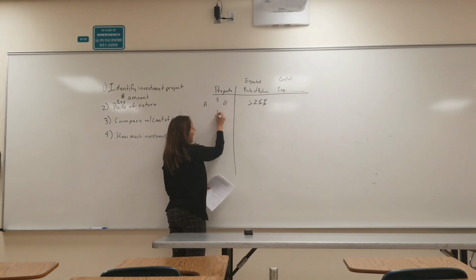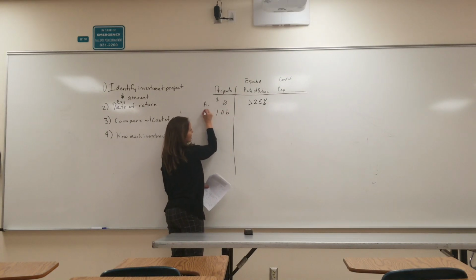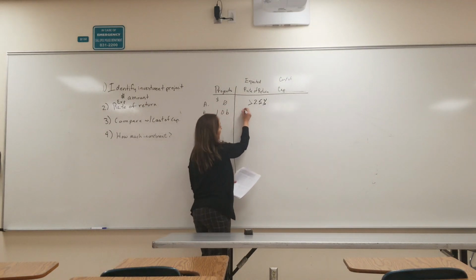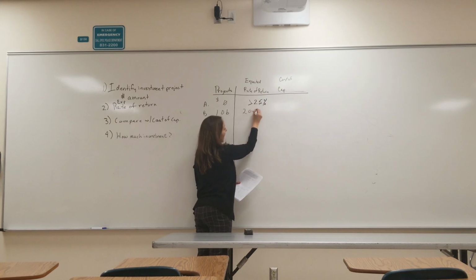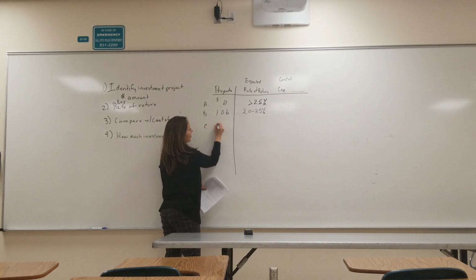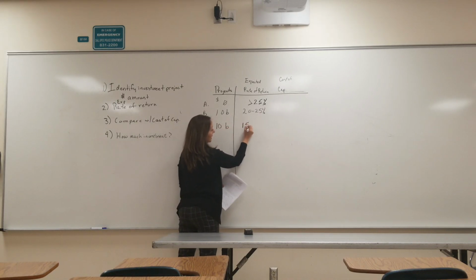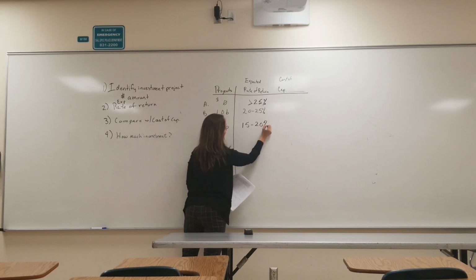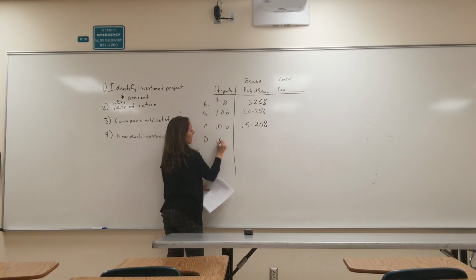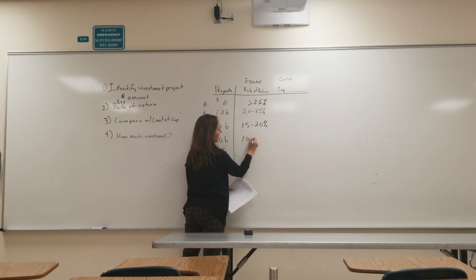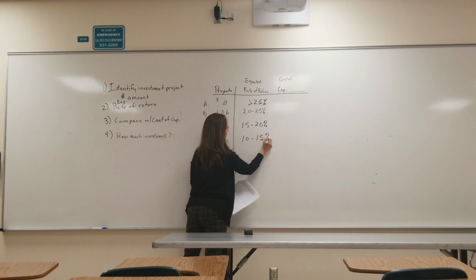There are $10 billion worth of projects that will yield between 20 and 25%. There are another $10 billion worth of projects that will yield 15 to 20%. Another group of projects that will yield 10 to 15%.